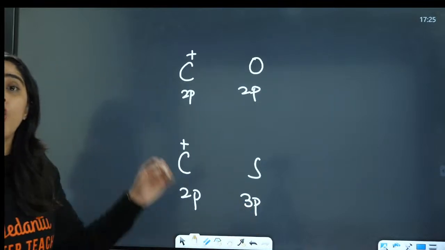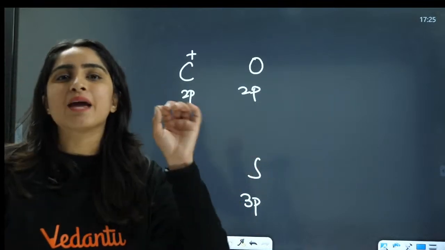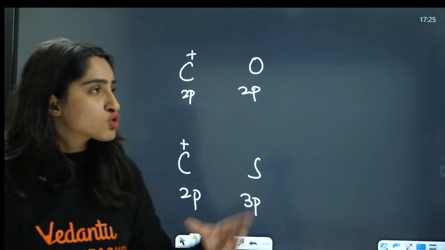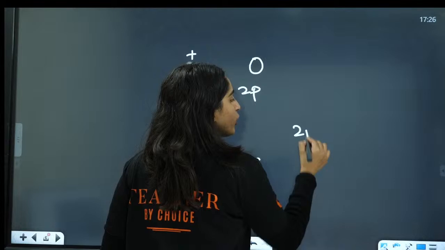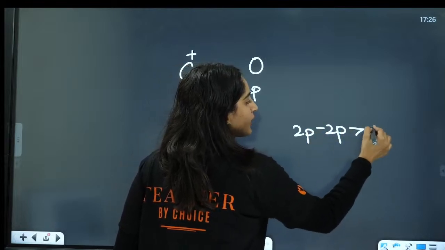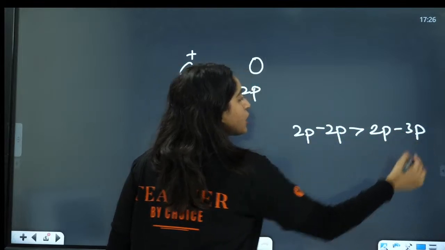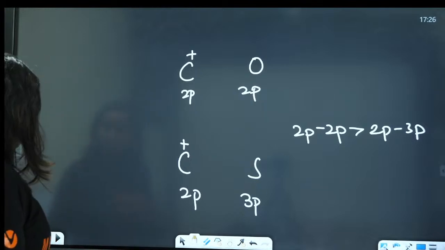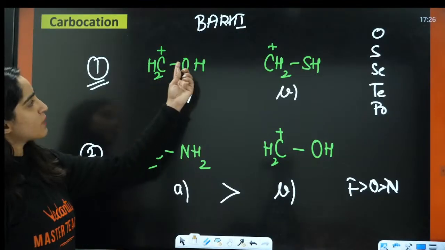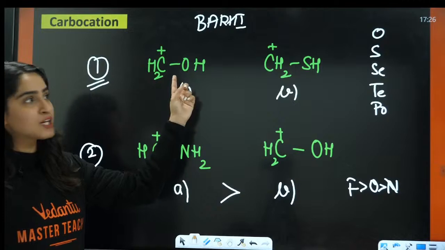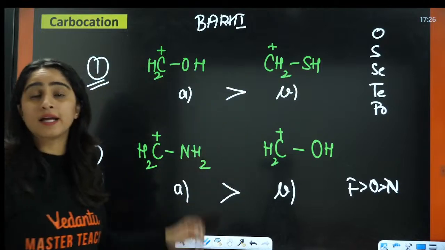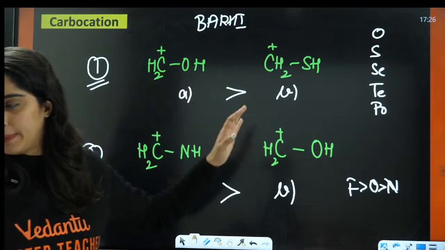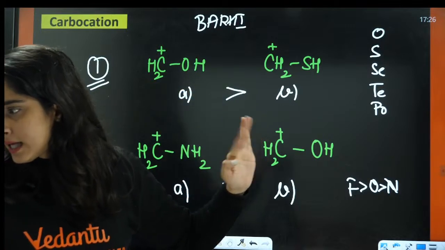As you know, the overlapping between the same kind of orbital is more. So 2p-2p overlapping is stronger than 2p-3p overlapping. That is why here the overlapping is much more as compared to this. So that is why A is more strong. A is more stable than B. Understood?